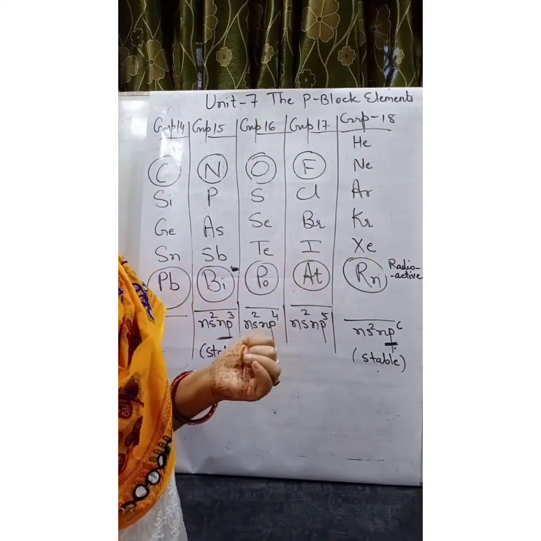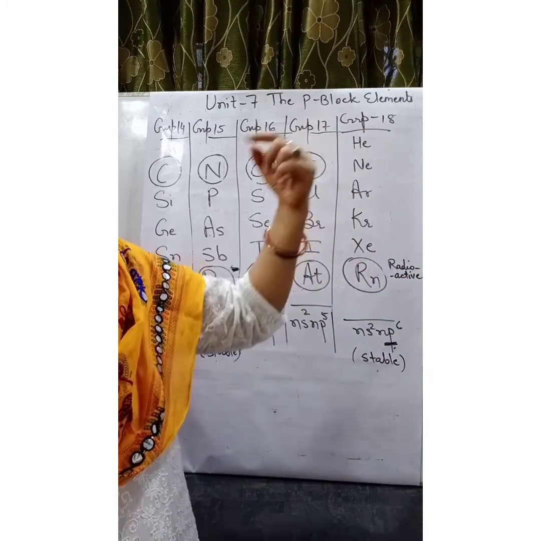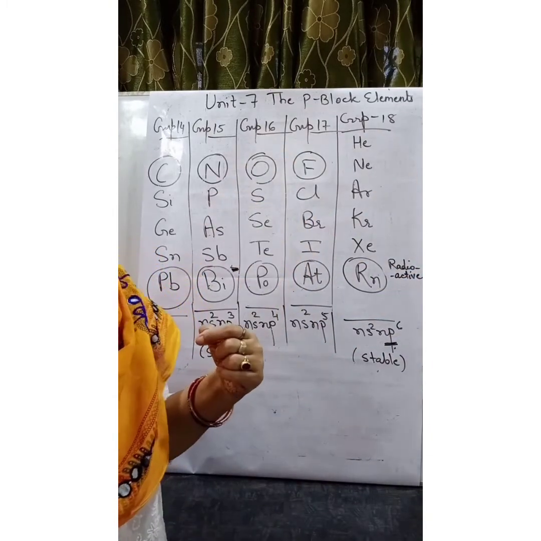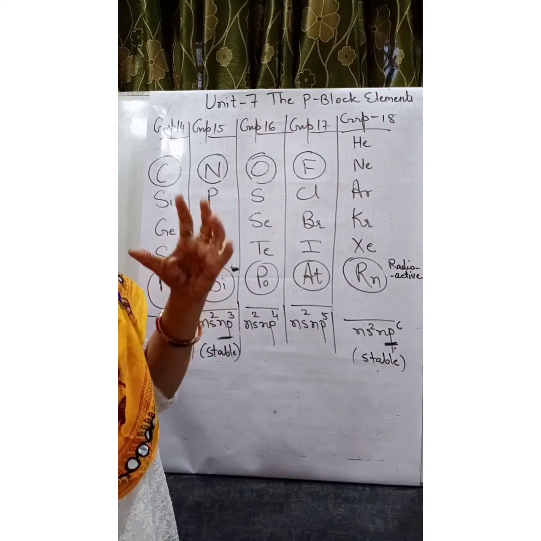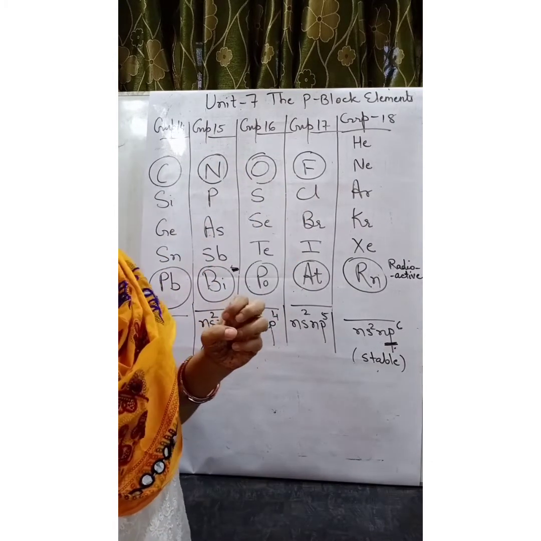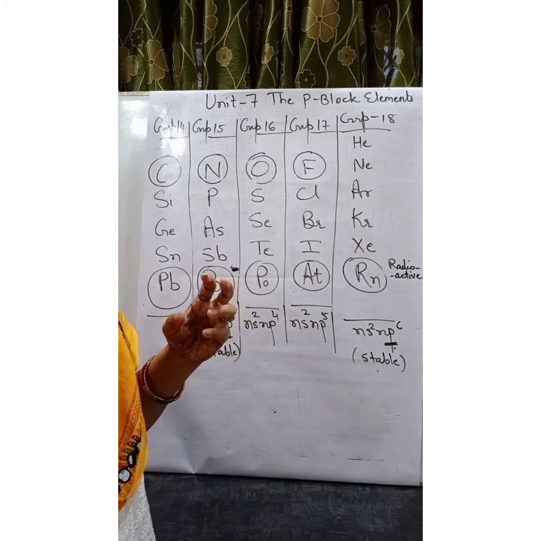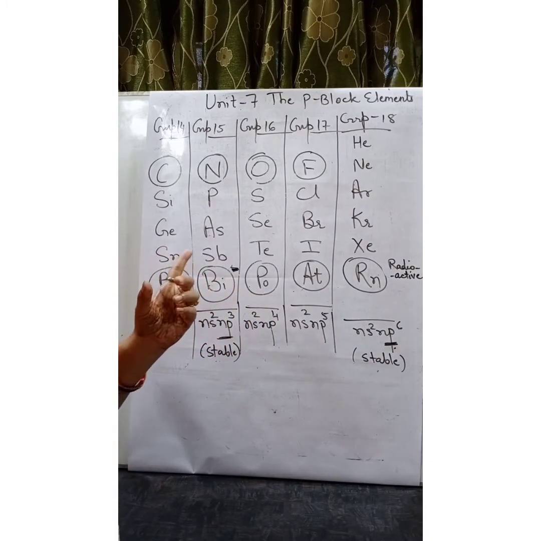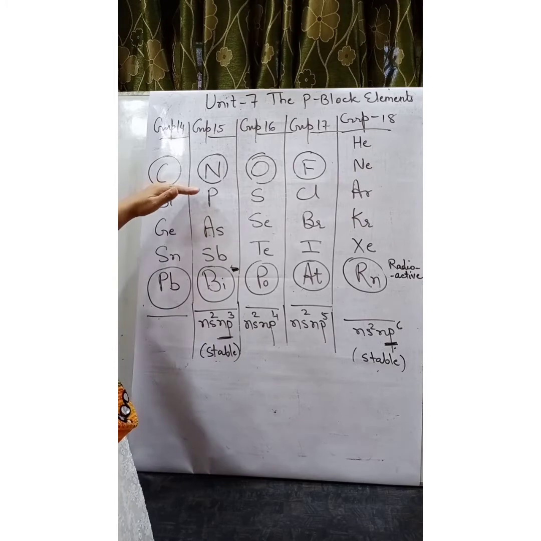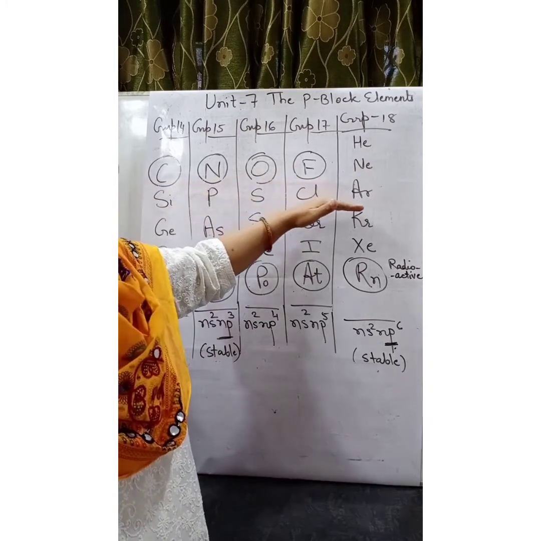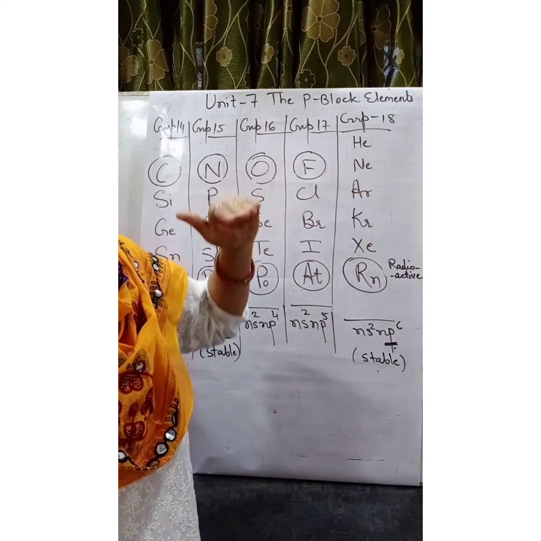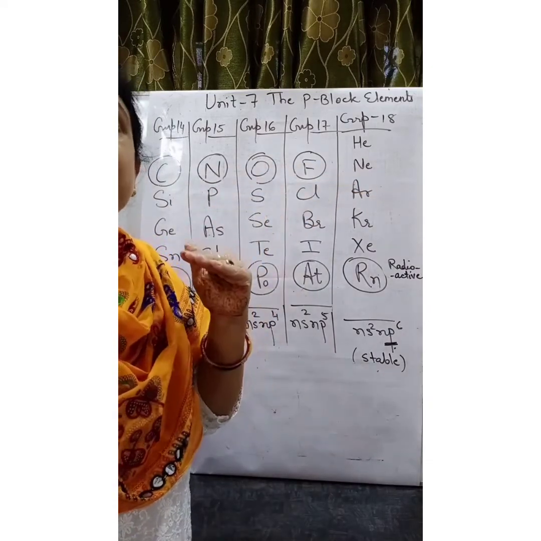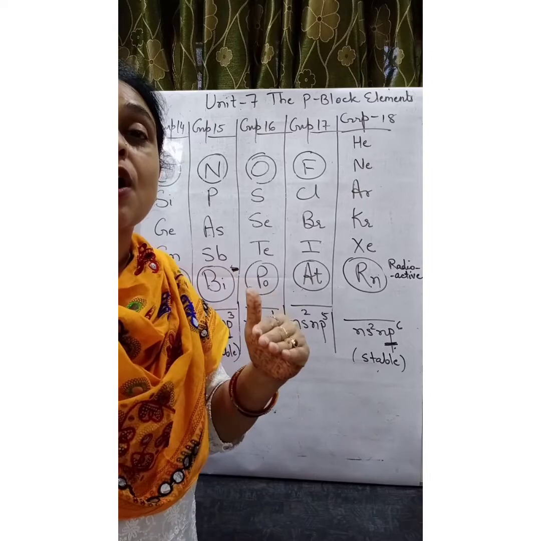In such a situation, if an electron from outside is coming closer to the atom, the nucleus will try to grab that electron because of the decrease in atomic size and strong force of attraction. So in other words, we can say that as we move from left to right, electron gain enthalpy or electron affinity increases.